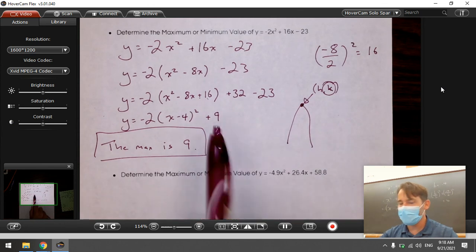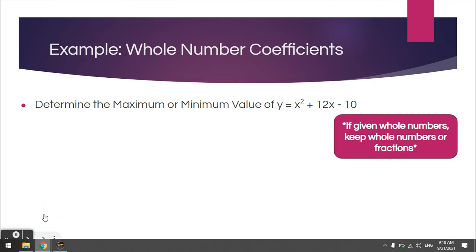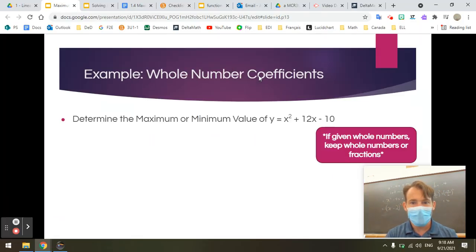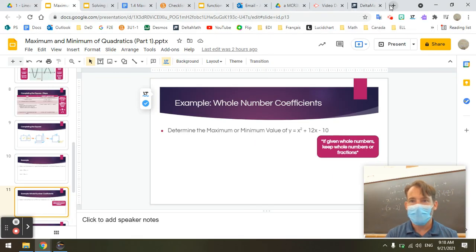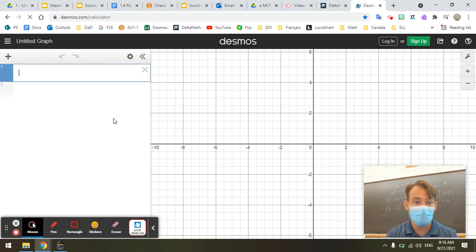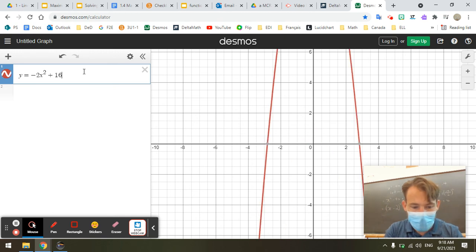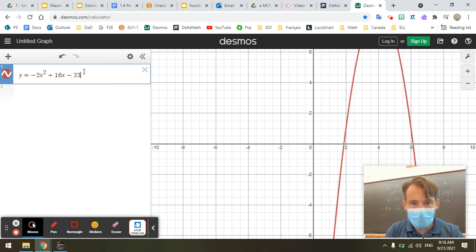Okay, now after something like that, let's check our work in Desmos. We always want to do that, even if we're in a big rush. And so here we go. I'm going to graph the first one and the second one, to make sure that they're the same parabola. So I had y equals negative 2x squared plus 16x minus 23.